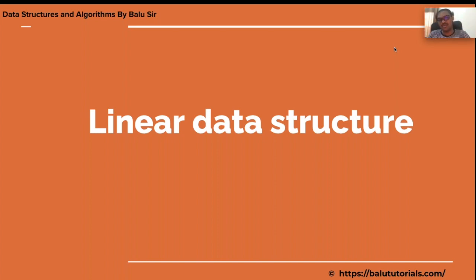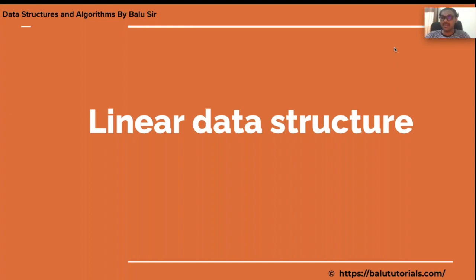What you have to say is that linear data structure means the data elements are stored in sequence. Don't talk anything about memory here. You can say the data elements are represented in sequence with a one-to-one relation, so one particular element has a relation with another element.